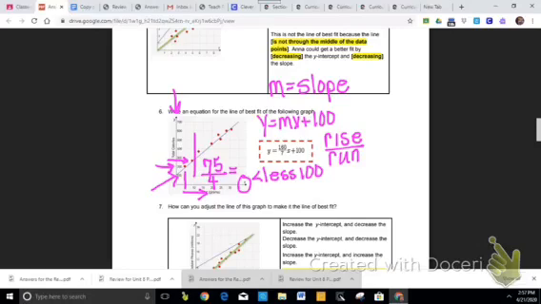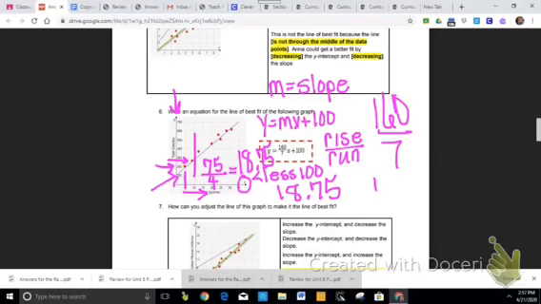Okay, I grab my calculator and I say 75 divided by 4, and I get 18.75, which is less than 100. So I have confirmed that my slope has to be 160 over 7, because my only other answer choice was 160.